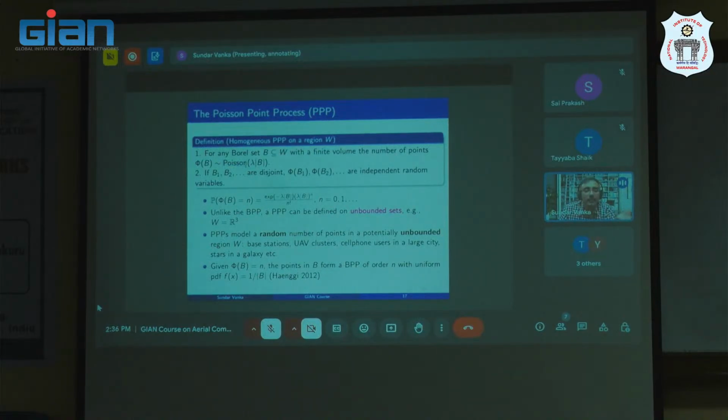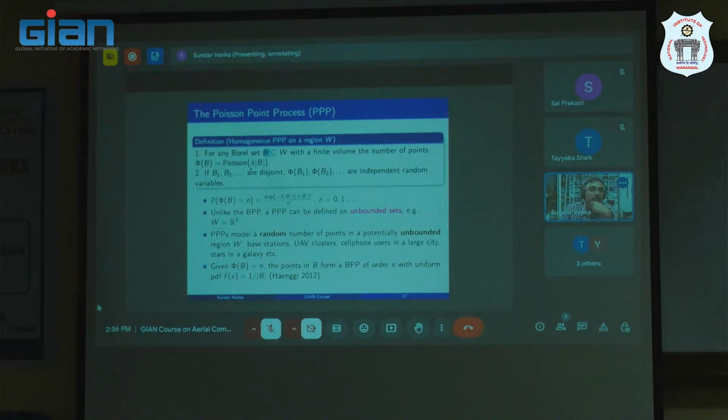the points are distributed in a Poisson way, where the parameter of the Poisson random variable is some parameter which we will call lambda multiplied by the volume of that set. So for example, let's say B is a 1 kilometer by 1 kilometer area. So the mod B will be 1 kilometer square, correct?